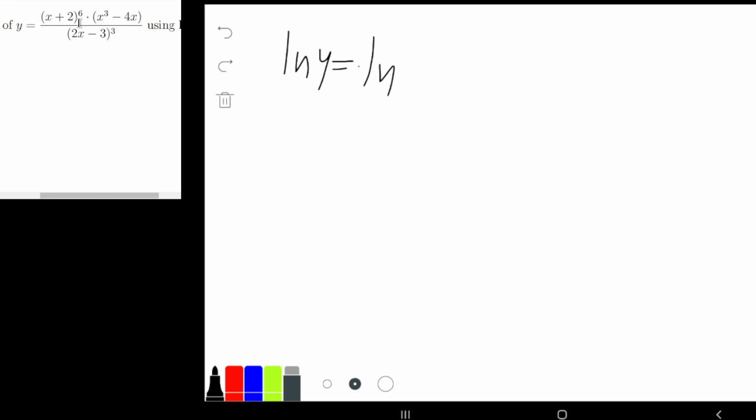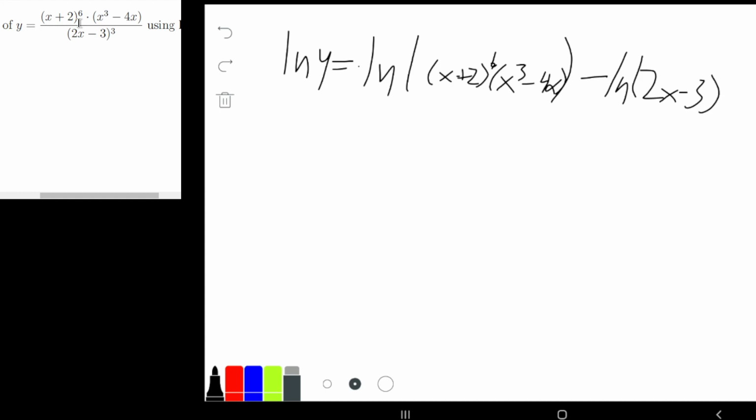So this would be ln of (x plus 2) to the 6th times (x cubed minus 4x), minus the natural logarithm of (2x minus 3) quantity cubed. All right. Next, I can split this logarithm of a product up as a sum of logs.